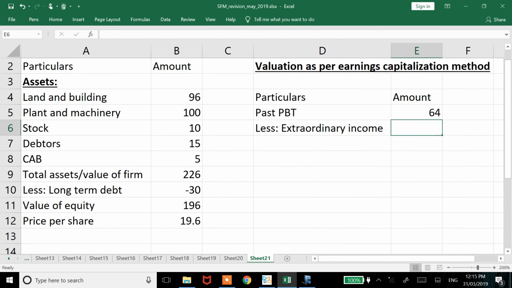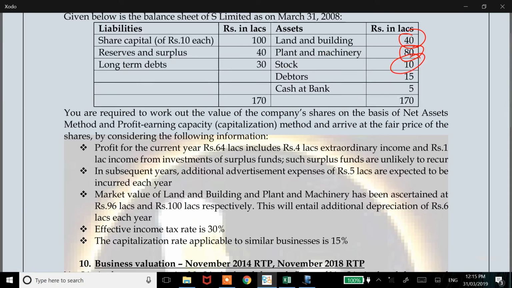Less extraordinary income, 4, because this is not going to happen in the next year, so profits will come down. Surplus investments income, again we'll have to subtract it because the 64 lakh includes this. This is not going to happen in future. In future you are not going to get these two incomes. So because of this, 64 will come down.